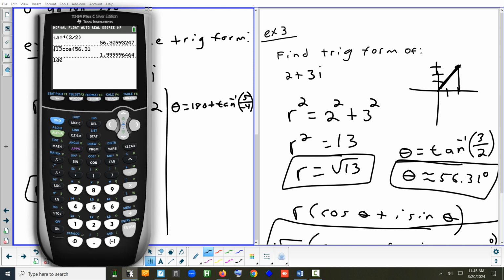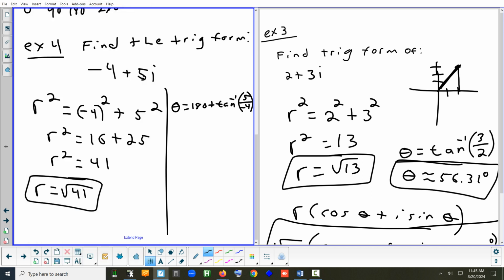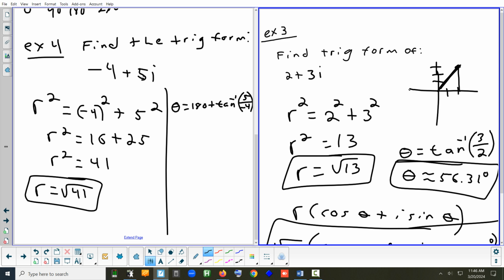Okay, so 180 plus the inverse tangent of 5 divided by -4. That's -1.25, not -4. Okay, so that's 128.66. And that makes sense that the angle is that big because you are in quadrant 2. Quadrant 2 starts at 90 and it ends at 180. 128 is right in the middle.